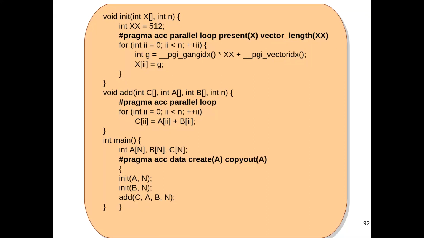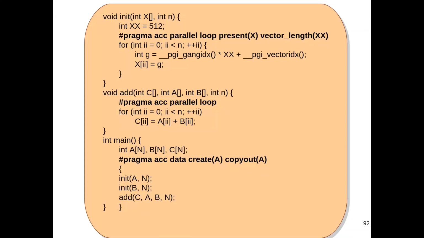Because we have already instantiated that outside, A, B, and C and all that. Also, no point in copying out, I guess. And apart from all that, in your add, there must be some sort of a present, and maybe there is something else.